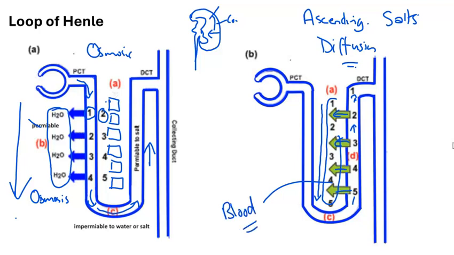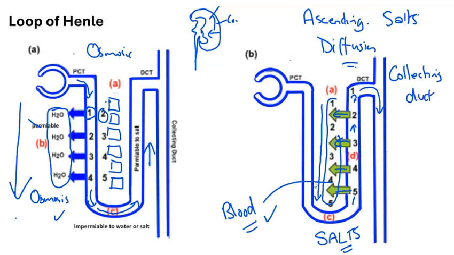So this is another example of the selective reabsorption of water, but also the selective reabsorption of salts. In this way we have reabsorbed more water, and now we have reabsorbed the salts which we wish to retain, and the filtrate is now going to pass back into the collecting tubule or the collecting duct.